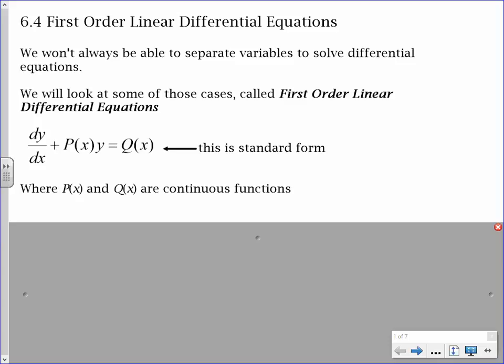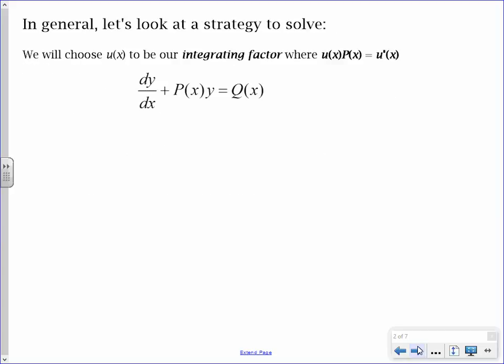Okay, so I'm going to tell you right now, much like the logistic work that we did, we're going to take a lot of time setting up the rule, so you understand where all of these random letters and symbols are coming from, and then we'll work through some examples. So, first of all, we're going to choose a third function, u, to be our integrating factor, okay?